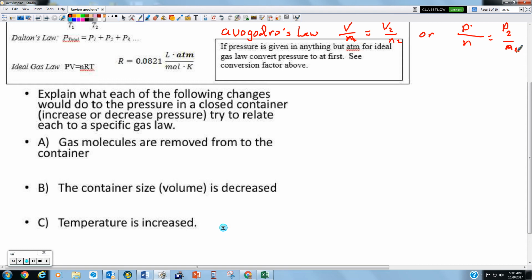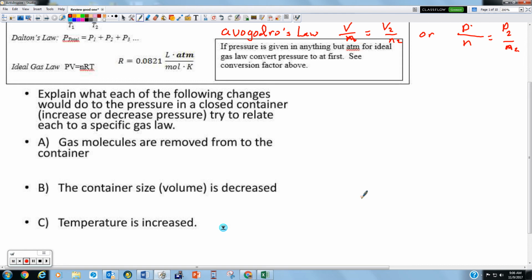So there's a relationship between number of moles and pressure, and there's a relationship of number of moles and volume. And I guess technically there could be a relationship between moles and temperature, but we're not going to go there. That's a more complicated one.